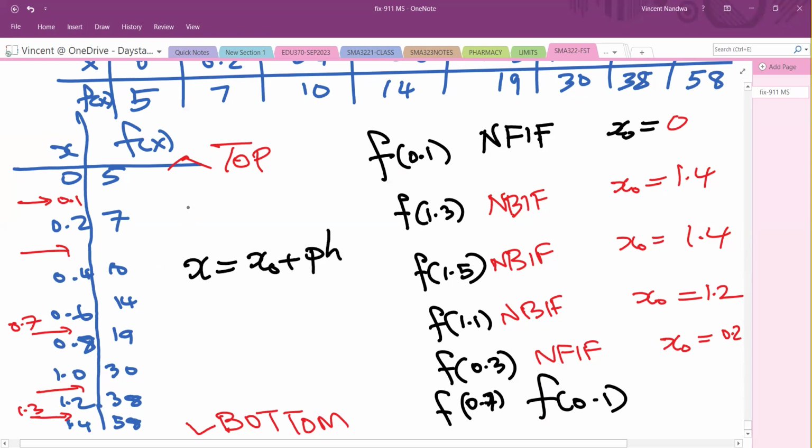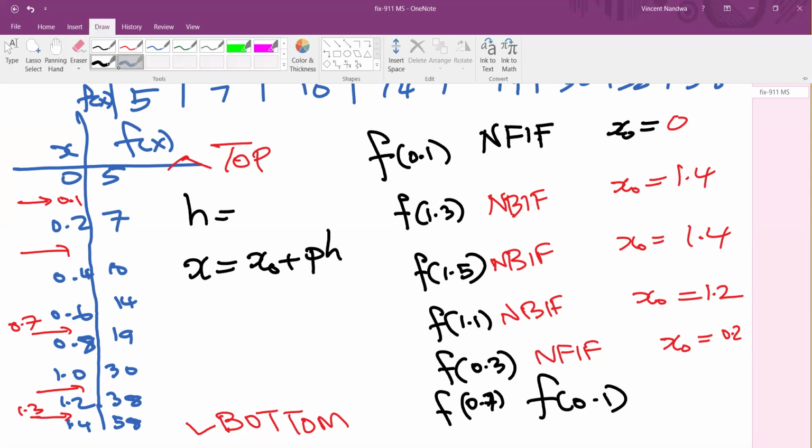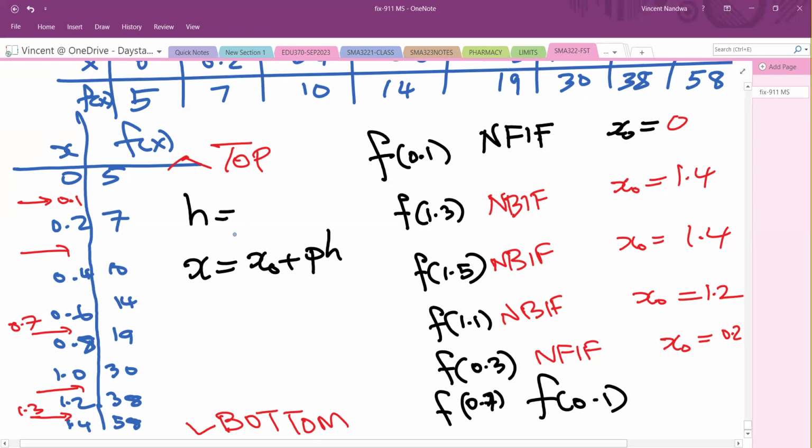So in this context, what is the value of h? What is h in this given arbitrary example? 0.2. And then what is x naught? We want to approximate f at 0.1. 0. So this value you want to approximate is what we call x.